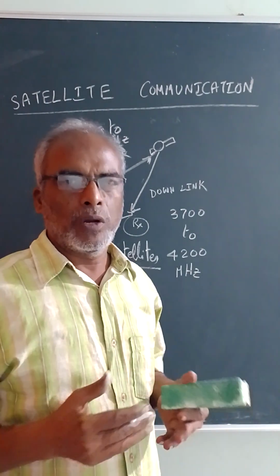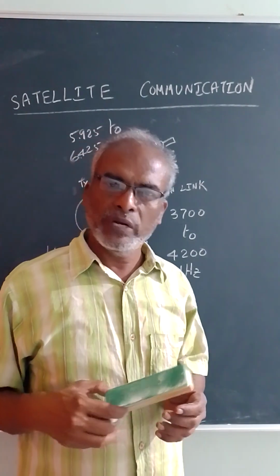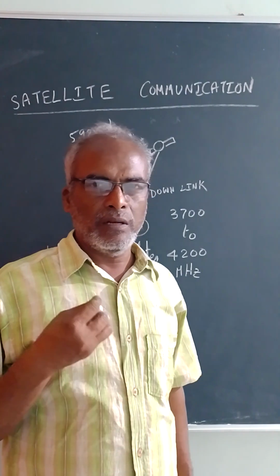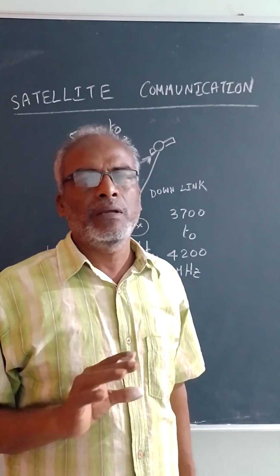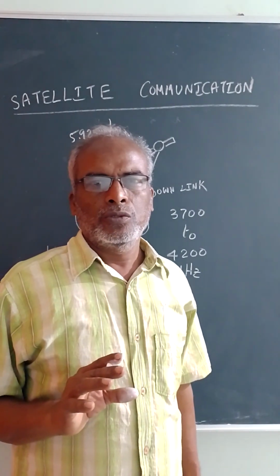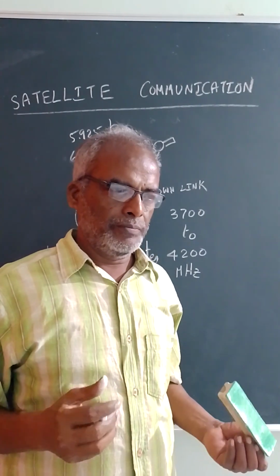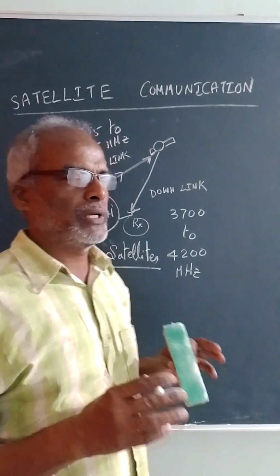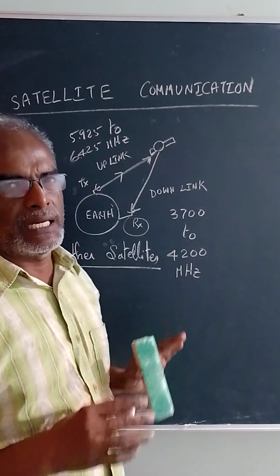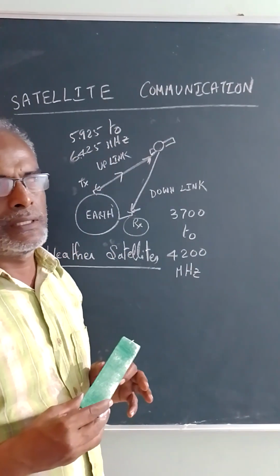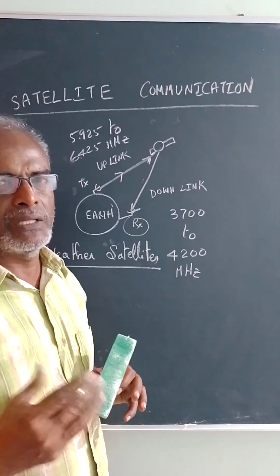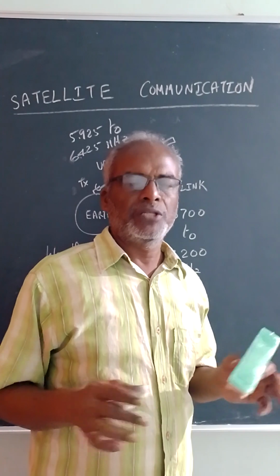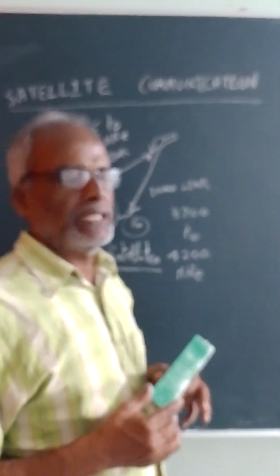Then it can pre-warn, it can easily find the cloud density, and therefore it can inform well earlier so that we can be prepared to handle such situations. So those satellites meant only for reporting the weather conditions of a particular region, we call them weather satellites.